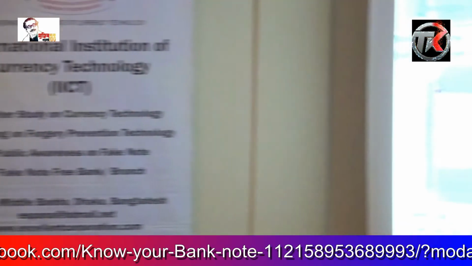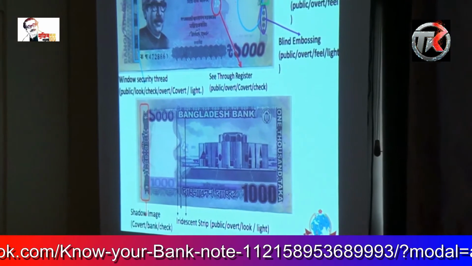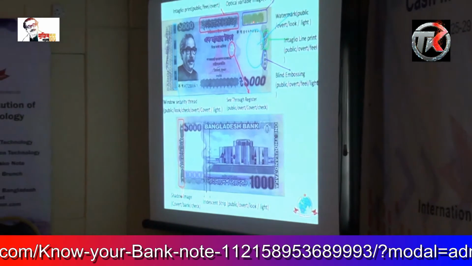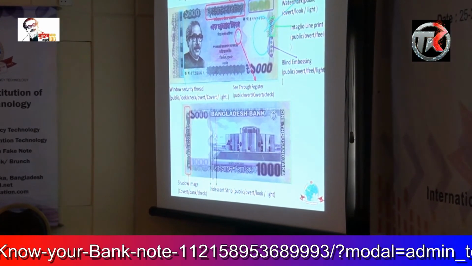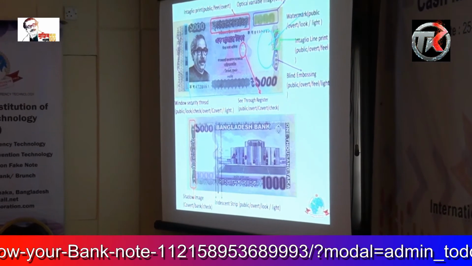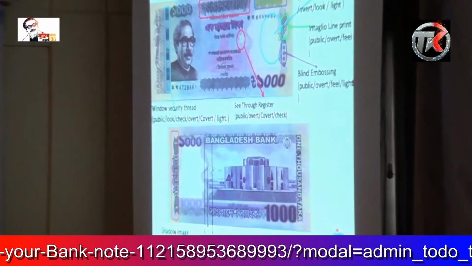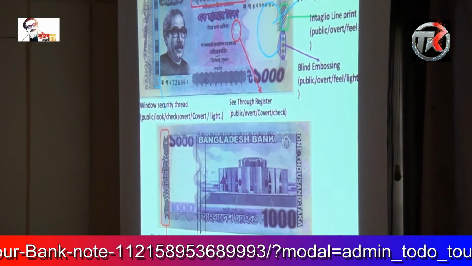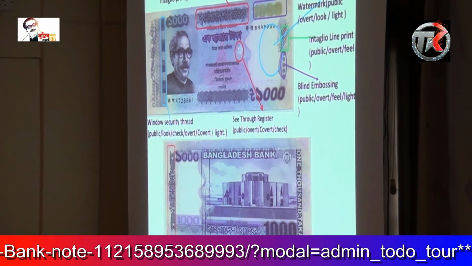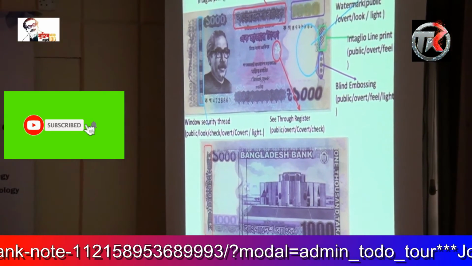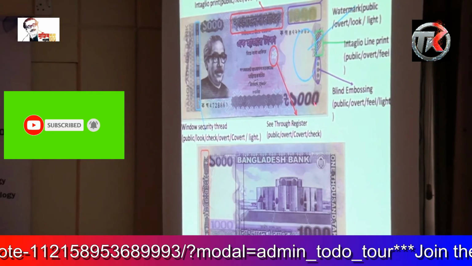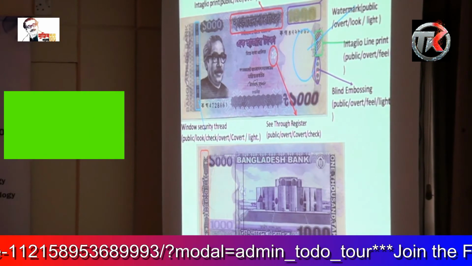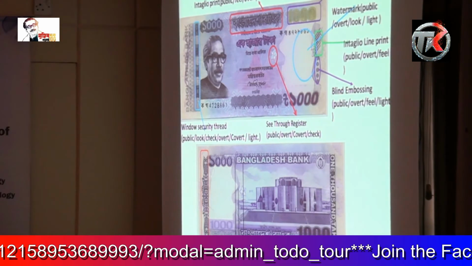In Bangladeshi currency, the 1000 taka OVI, you need the light and look. Watermark, to see, you need the look and light. And it is also an overt security feature. Intaglio line, you need feel. Without feeling, you cannot recognize. As well as the blind dot or blind embossing, you need the feeling.